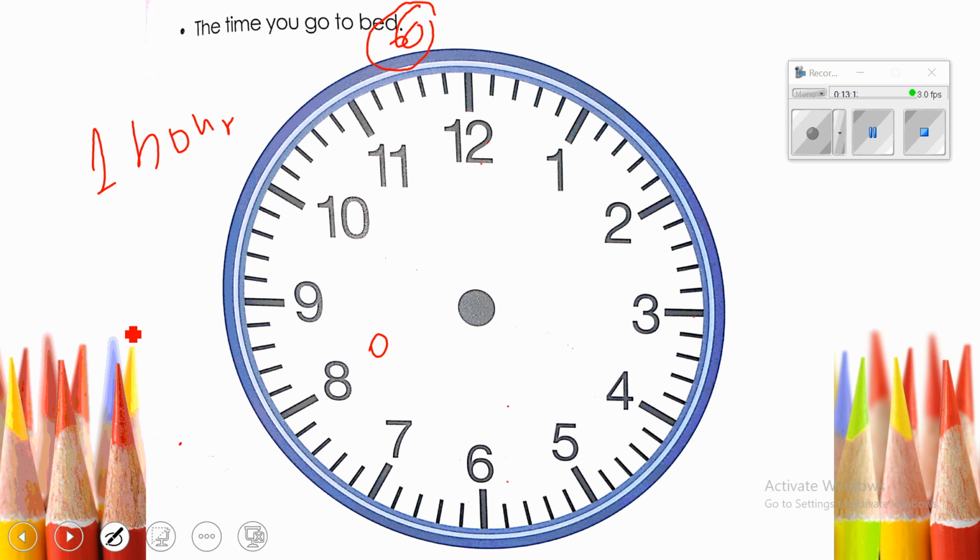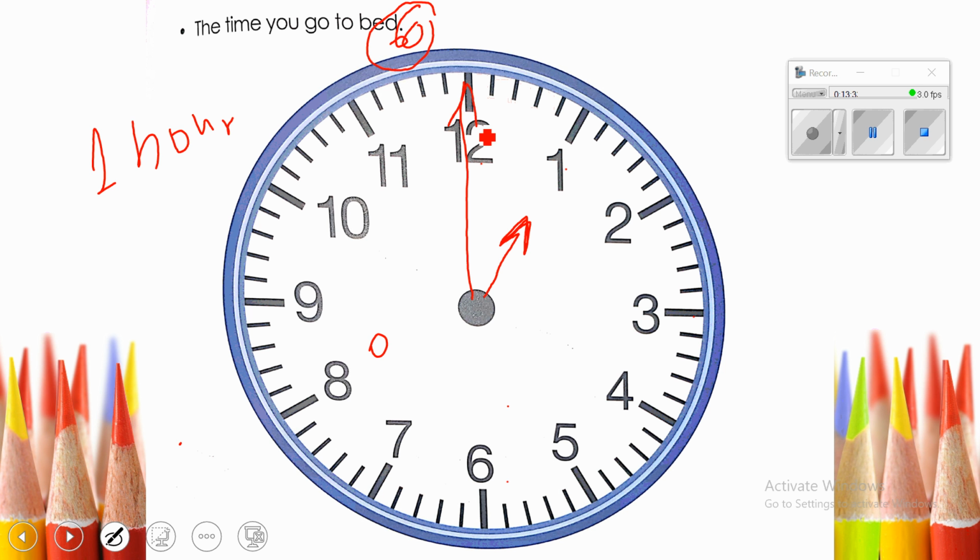Let's see now. If the hour hand is exactly on the number, that means it's 1 o'clock. That means the minute hand is on 12.